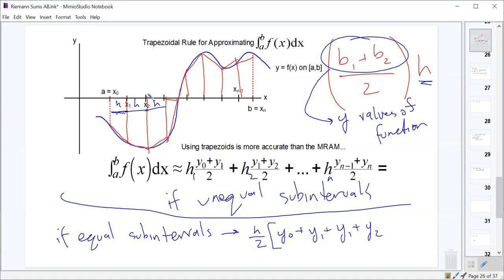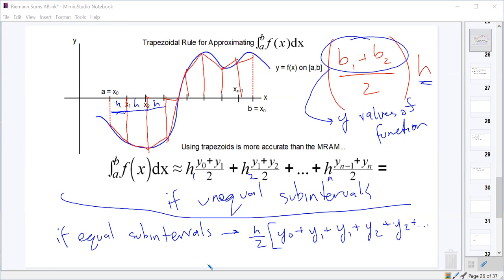Right, there's y naught, there's y1. Y2 would come from the second trapezoid, but then we'd also have another y2 from the trapezoid after that, and we'd have each y1 and y2 and y3 and y4 all the way up to the very last one. We'd have 2 of each of them, right? But only the first one and the last one would be used in one trapezoid.